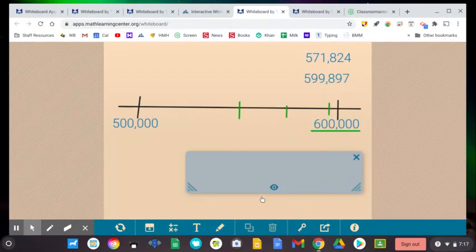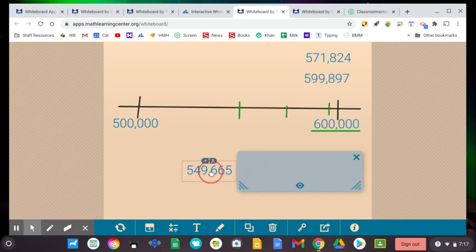Okay, our next number underneath our slide is 549,665. How would we place this one on our number line? Is it closer to 500,000? Is it closer to 600,000?